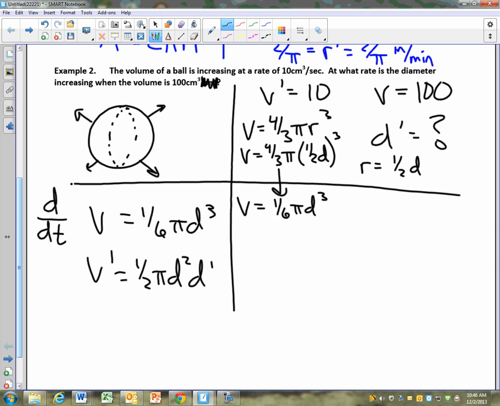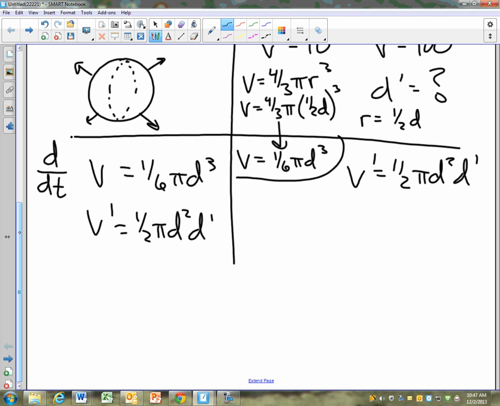Megan, I will now do my substitution stuff, okay? So V prime equals 1/2 pi d squared d prime. Now we're going to do what you said: we're going to put in that 10 for the V prime. So I've got 10 equals 1/2 pi times d squared times d prime.